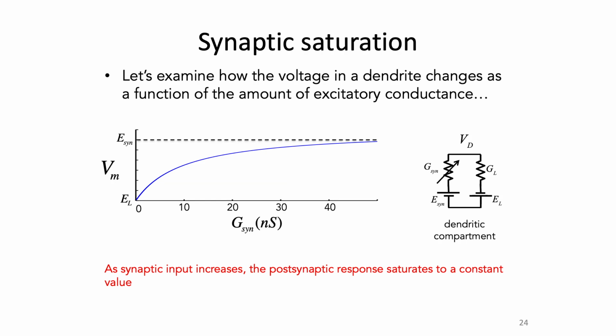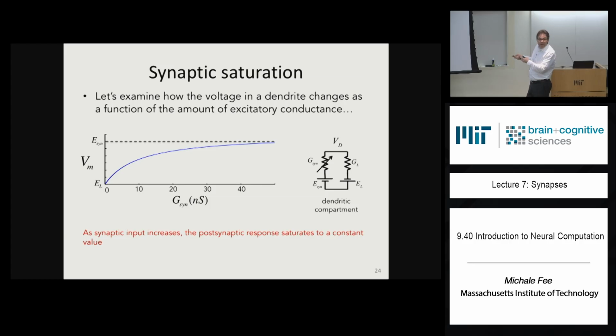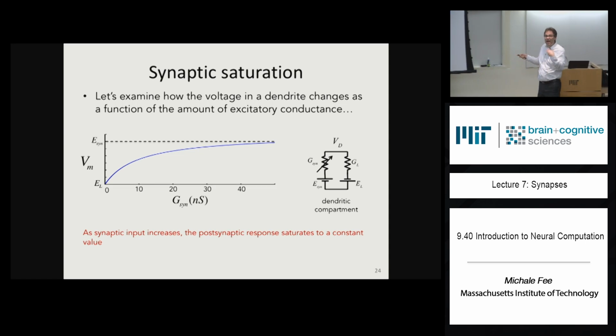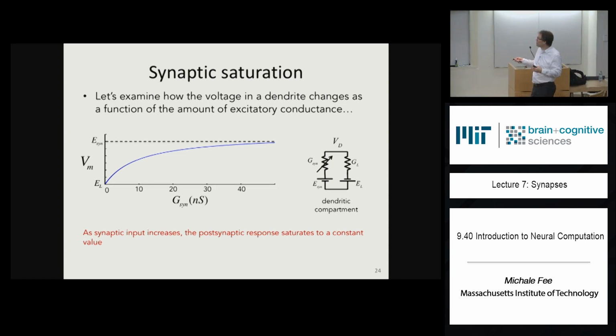You're basically attaching the battery to the inside of the cell. And you can see that as you add more and more conductance, as you put more and more neurotransmitter onto that receptor, or have more and more neurotransmitter receptors, the voltage response goes up and then saturates.